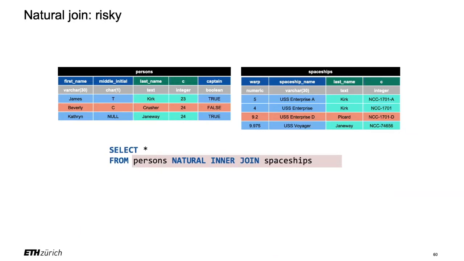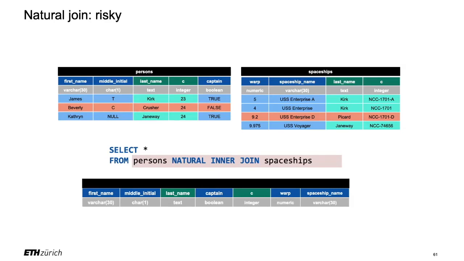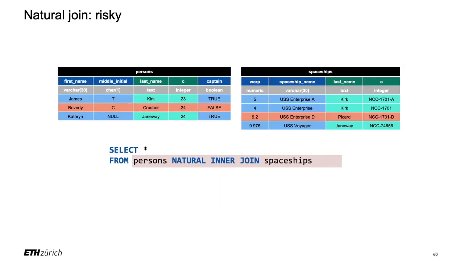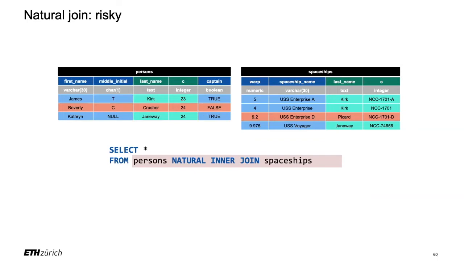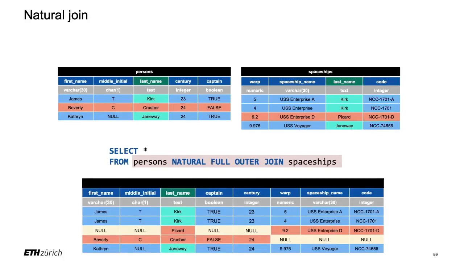I wanted to show you also the inner join. Oh, yeah. I'm saying be careful. Why be careful here? Now remember, what I did on that slide is I introduced a collision on purpose. I renamed another attribute, century and codes.